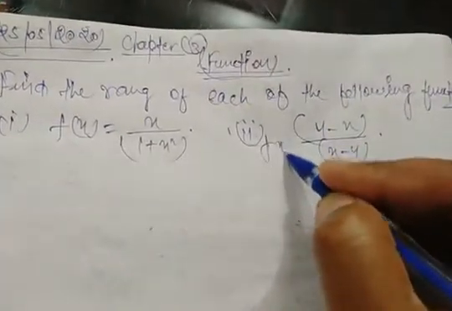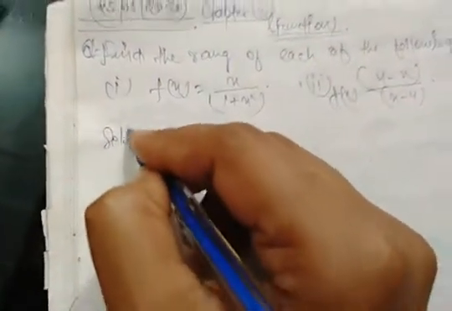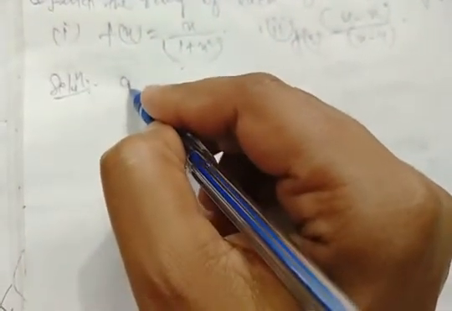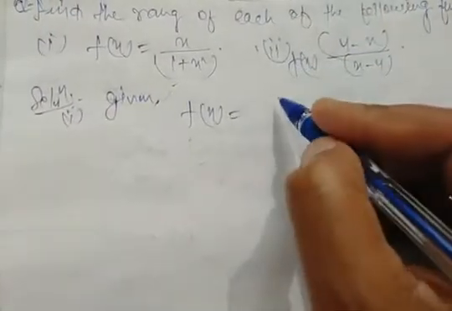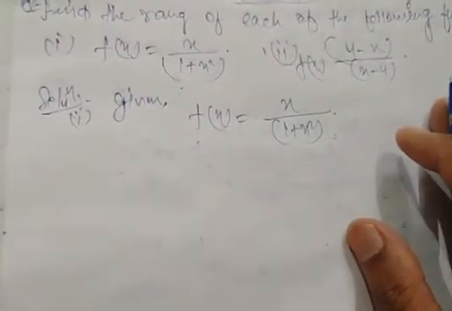Let's see the first question and solve it. First of all we write the given function. Given f of x is equal to x upon 1 plus x square.